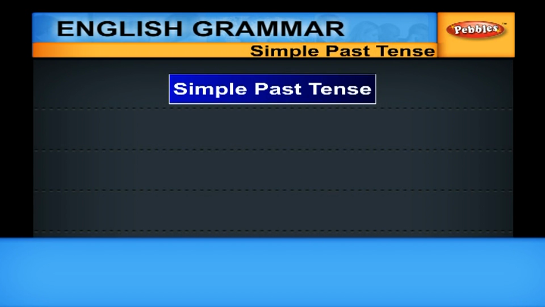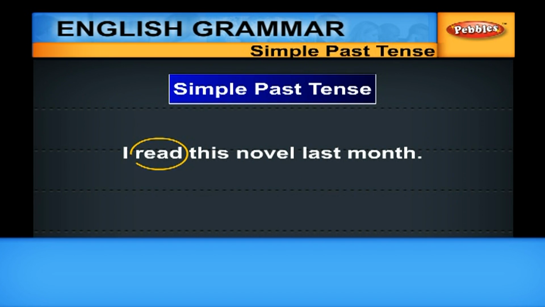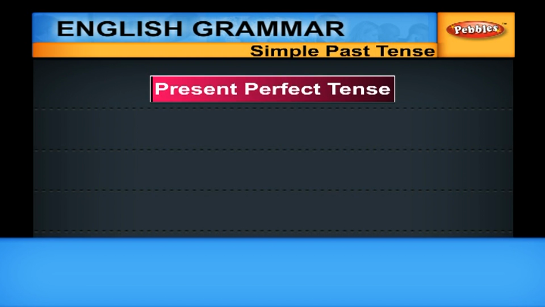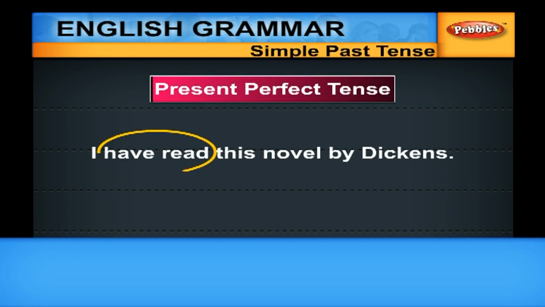Also, in a simple past tense, the main verb or lexical verb is independent. That is, it will not take any helping verbs, or the helping verb will be the main verb, like we saw already. But a present perfect tense cannot exist without a helping verb.